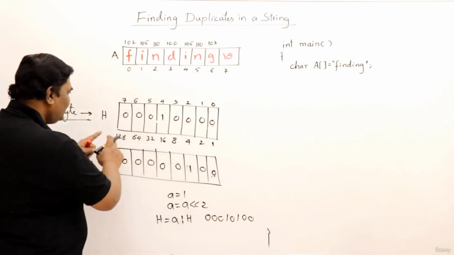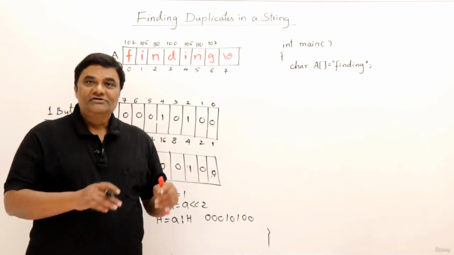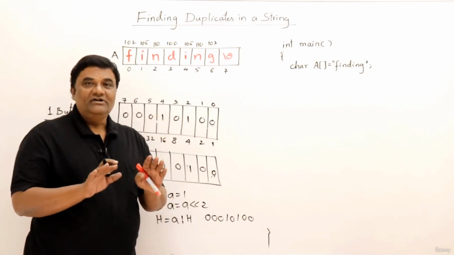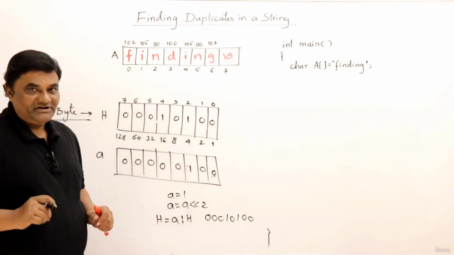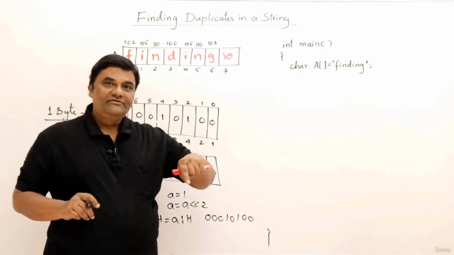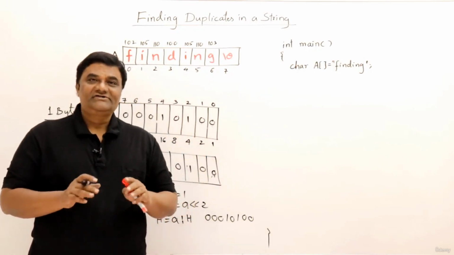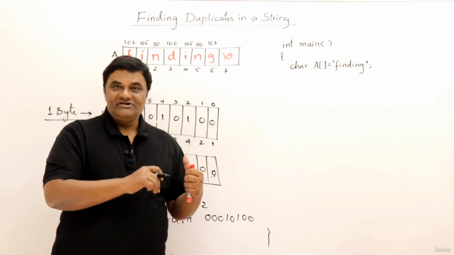This will be the result, and that is stored in H. So already some bits were on and we have set another bit as on. That is called merging. Setting the bit on in memory is called merging. Checking whether it is on or off is called masking. So these two operations we have seen, bitwise operations: left shift, masking and merging.